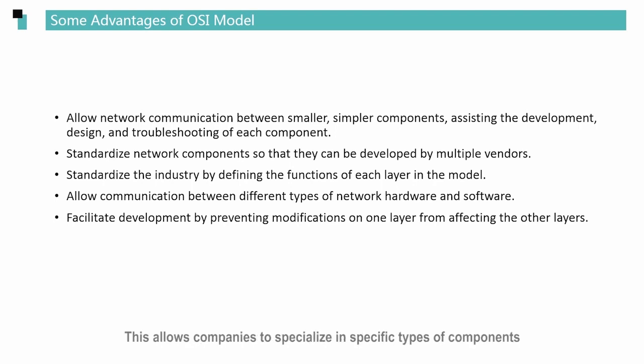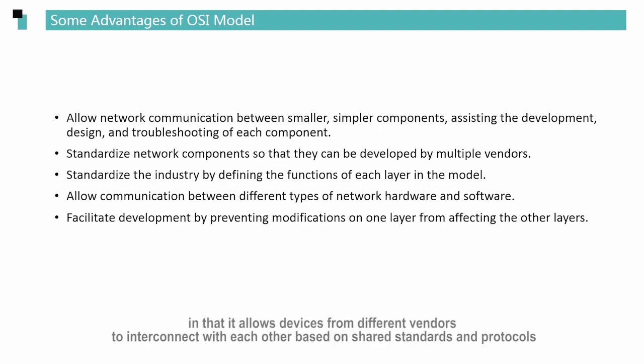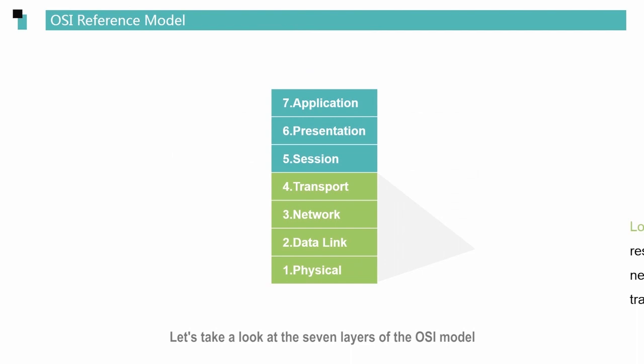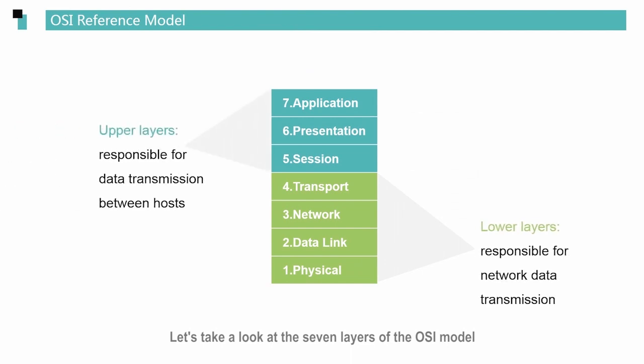Manufacturers can specialize in specific types of components, playing to their technological strengths, while still adhering to product standards which allow interoperability. This allows components to integrate seamlessly. The OSI model is similar in that it allows devices from different vendors to interconnect with each other based on shared standards and protocols.